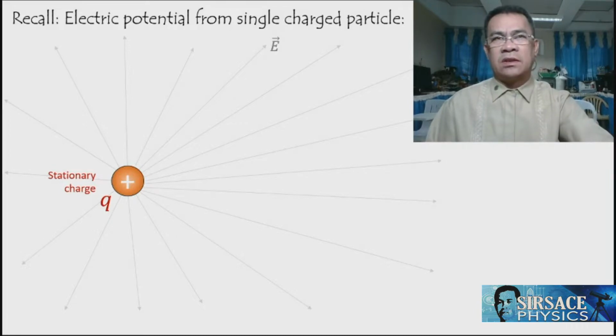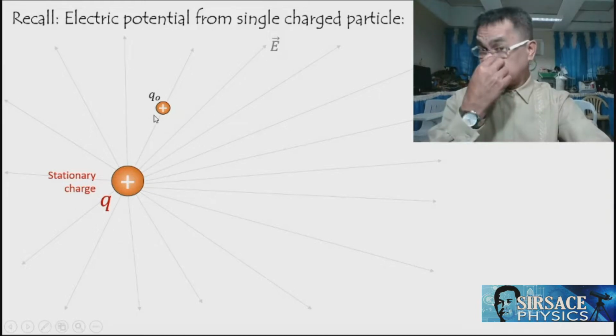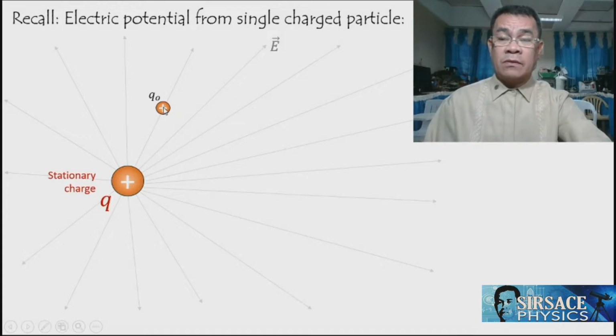So in electricity, every charge generates an electric field, which means it has the ability to interact with other charges. Suppose we have a moving charge Q naught in the region where there is an electric field due to this stationary charge; surely this particle will experience a force due to the amount of electric field at that point.